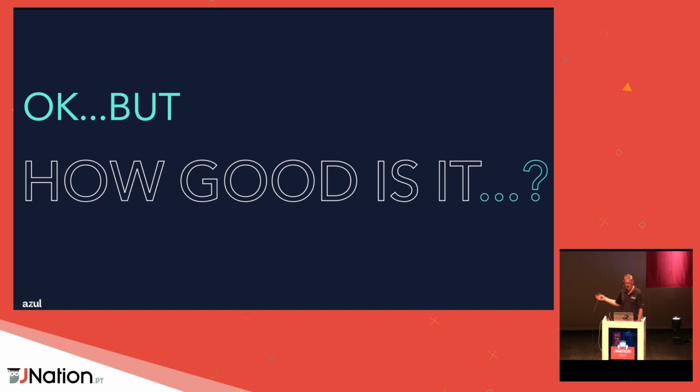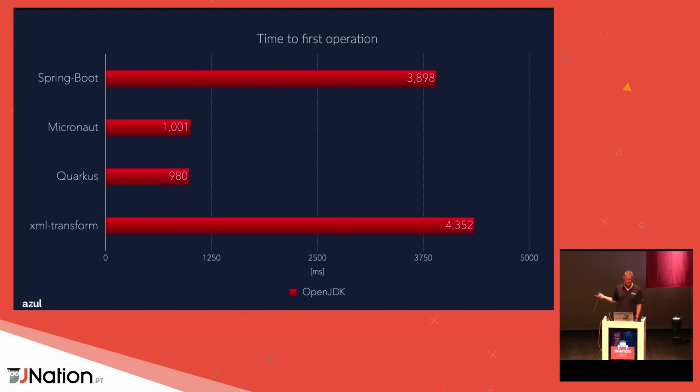Okay. Now I showed you this very amazing demo, right? And not even live, but only on slides. The question is, how good is it really? We did some tests, and you see we have tests with Spring Boot, Micronaut, and Quarkus. And these tests have been done before we got the support, so we had to hack it a little bit. So what we did for Spring Boot, we used the Tomcat server, patched it with the CRaC stuff to make it closable and all that, and then pointed Spring Boot to the Tomcat and said, use this one, right?